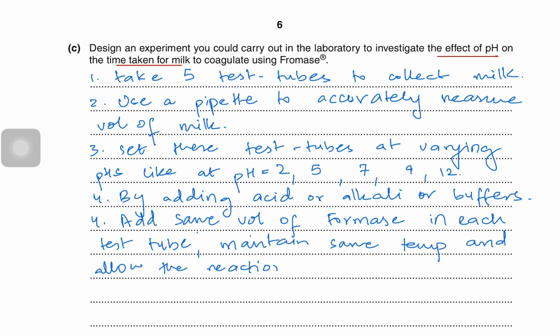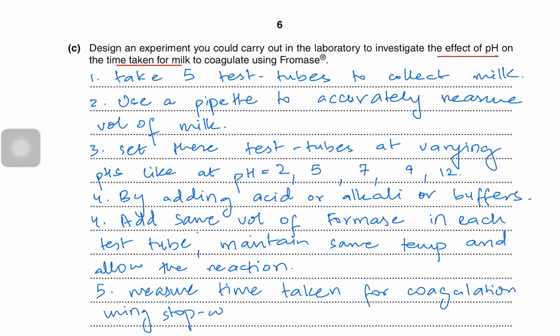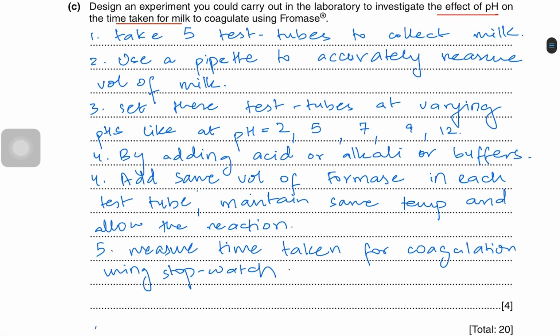Now what did you have to measure? Remember you were looking at the time taken for the milk to coagulate. So talk about measuring the time taken for coagulation using stopwatch. You have to talk about the apparatus in each step if you can do that.